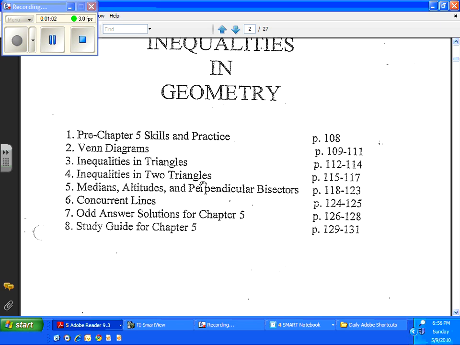And then we're going to study two triangles. We learned that if two angles of one triangle were equal to two angles of the other, then the third angles were equal. Now we're going to deal with some inequalities in those triangles.